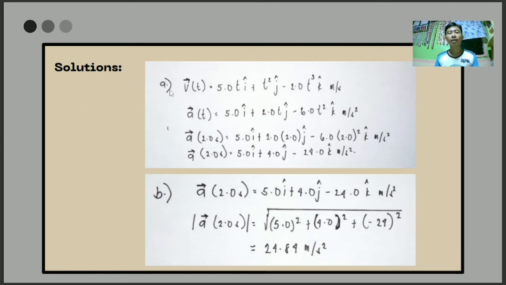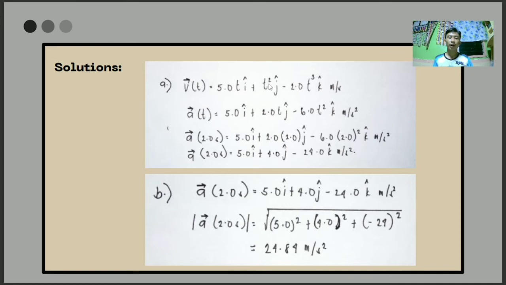So from A, v of t is equal to 5t i hat plus 2t j hat minus 2t cubed k hat meters per second. So we're going to take its derivative to get the acceleration vector. The derivative of 5t will give us 5.